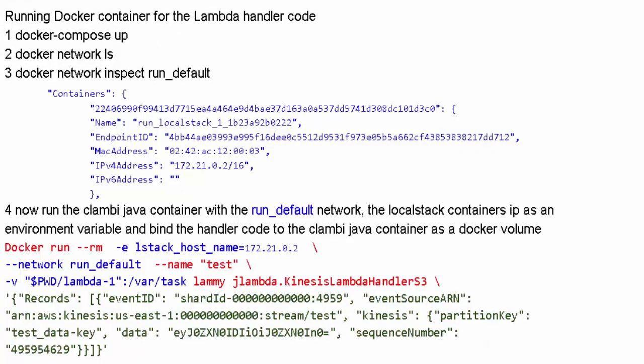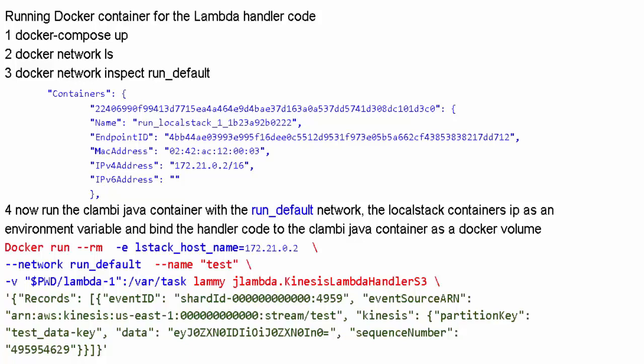These are all the commands we will use to set up and run the test. So first we boot up the Localstack container with Docker Compose. We look at the networks and we will see we have this default network, run default. When we inspect the run default network, we will get the JSON code as before. We locate the containers block. We can find the IP for Localstack, which we can use in our code.